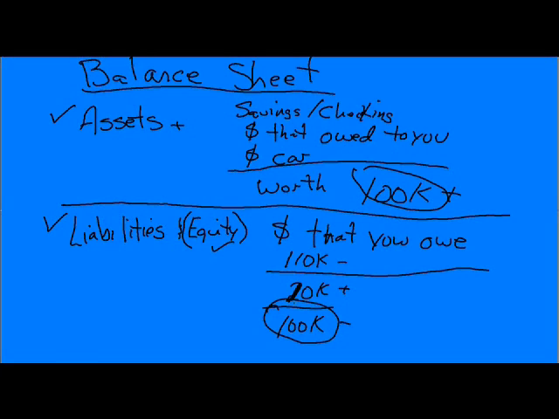But in summary, again, the balance sheet is vertically two components, assets and liabilities. Assets are money that you have, property that you own that has a value. Anything that you have that shows or can demonstrate to a financial institution or maybe to yourself that you in fact have a value, or you have money in the bank. Your liabilities, on the other hand, subtract from the assets, in that it's money that you owe other people.